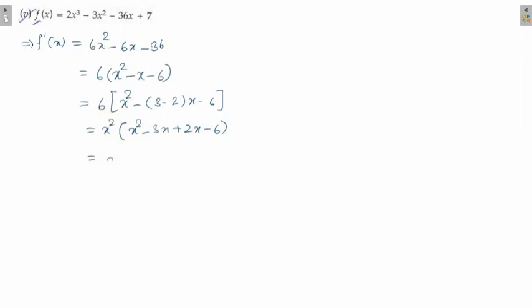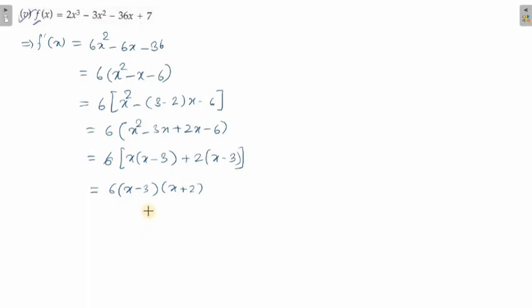So 6 into, now x is common here, so x minus 3, and plus here 2 is common, so you get x minus 3. Bringing x minus 3 outside, you get 6 times x minus 3, and what is left here is x plus 2. So your f dash of x is turning out to be this much.